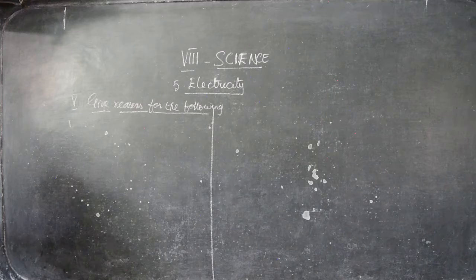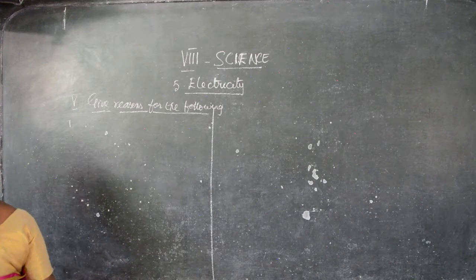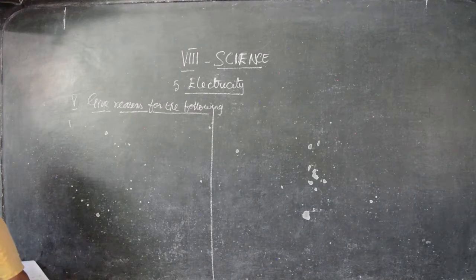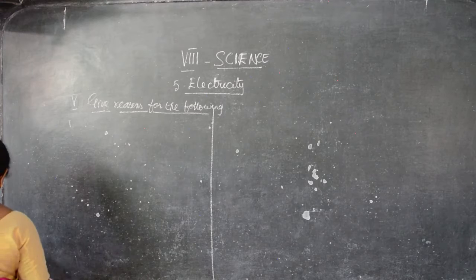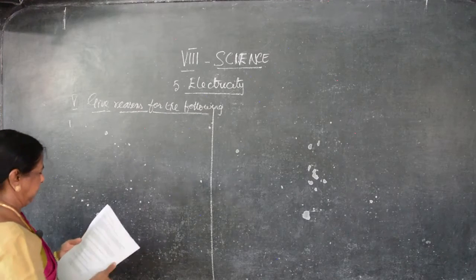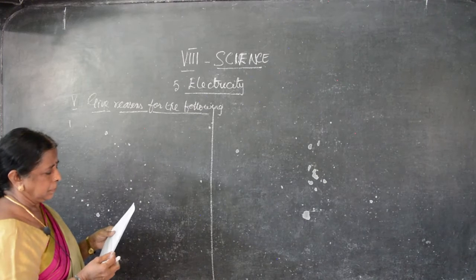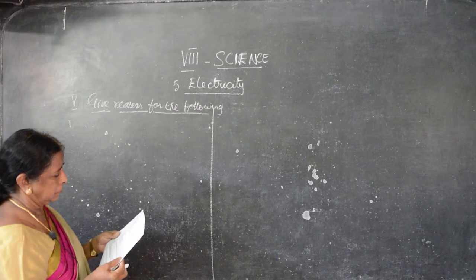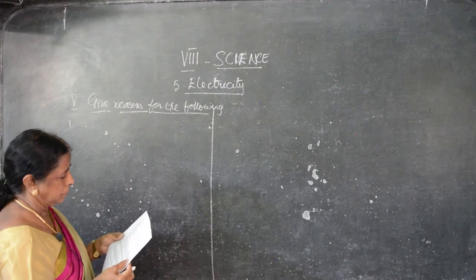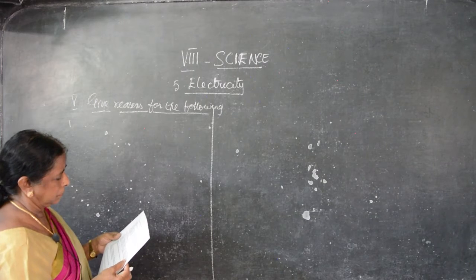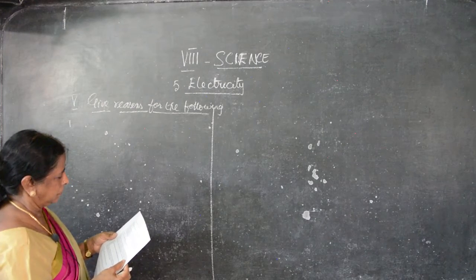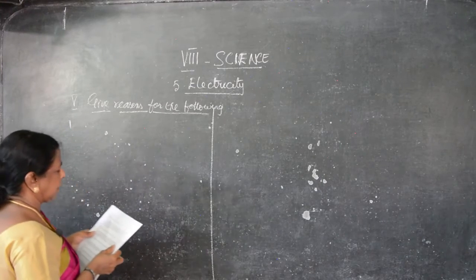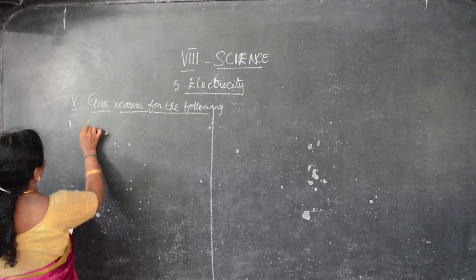Both, that is glass rod as well as silk cloth, both are getting charged. This is true or not? Only one point is enough for that. When a glass rod is rubbed with silk cloth, both get charged. Answer.